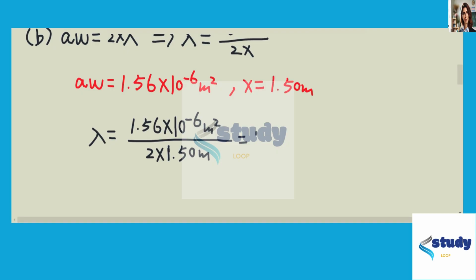And this will give us 5.2 times 10 to the power of negative 7 meter, which is 520 nanometer, because 10 to the power of negative 9 meter is equal to 1 nanometer.